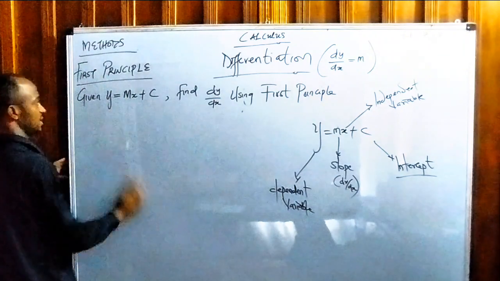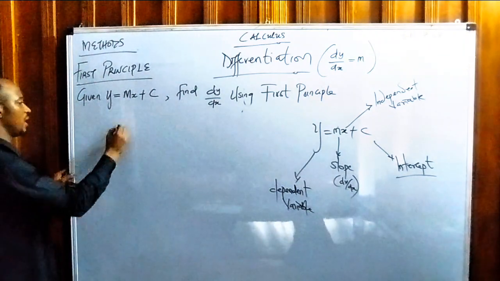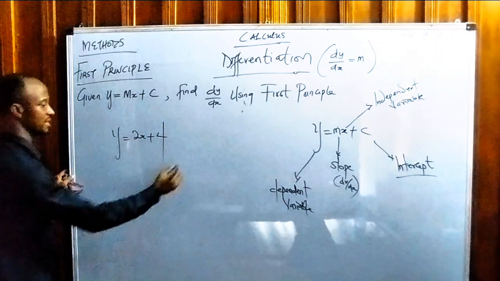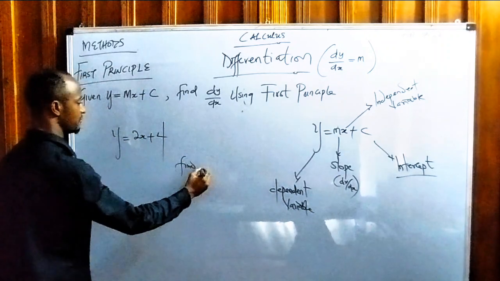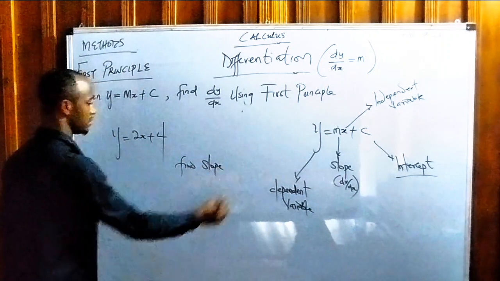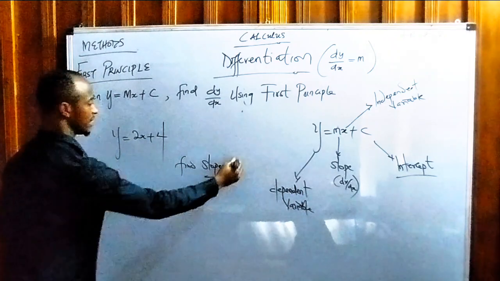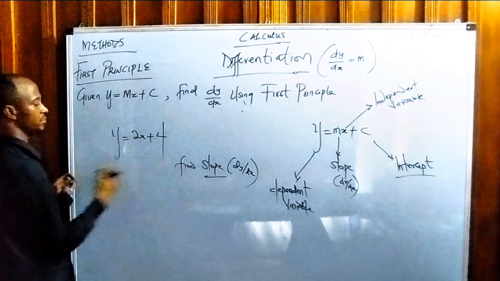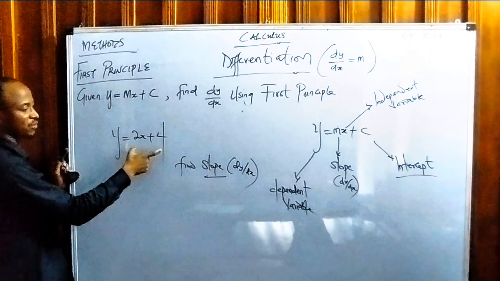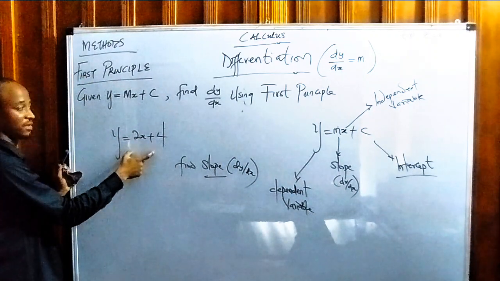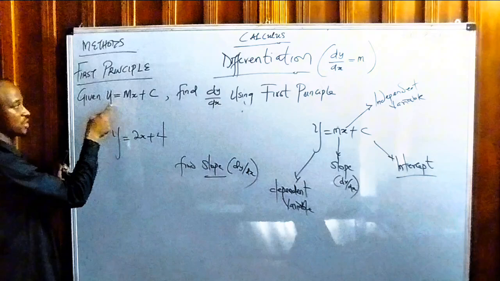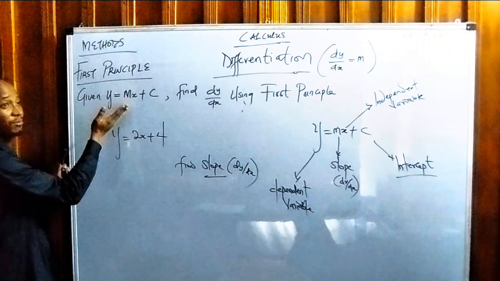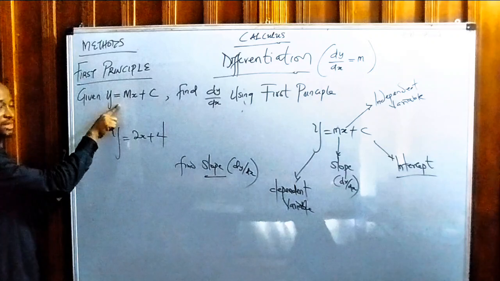All right, so let's look at this. Before we differentiate, if we are given y equals 2x plus 4, for instance, and we are asked to find the slope, this also means find dy/dx. What do we do to find the slope? We just compare the equation given with the general form, which is y equals mx plus c, since all linear functions have this form.